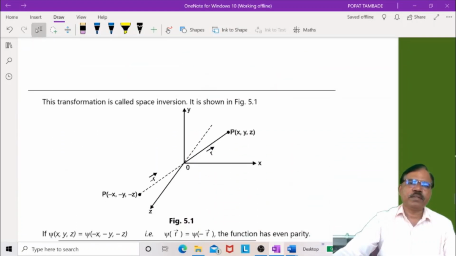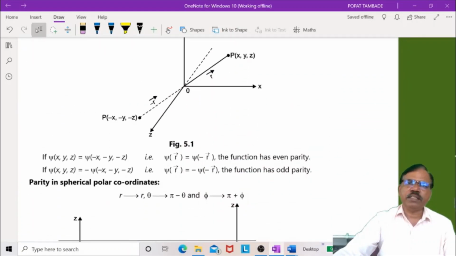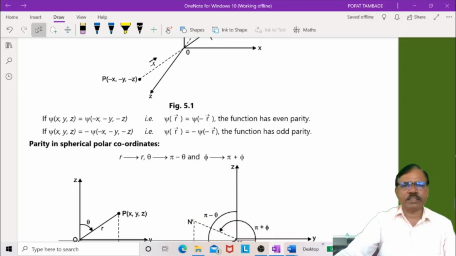So this is the figure, x, y, z, that is the point at which we have the wave function. We reverse the coordinates, minus x, minus y, minus z, and if psi of x, y, z is equal to psi of minus x, minus y, minus z, or psi of r is equal to psi of minus r, the function has even parity. But if there is a change in sign, the function has odd parity. Means here we have a minus sign.